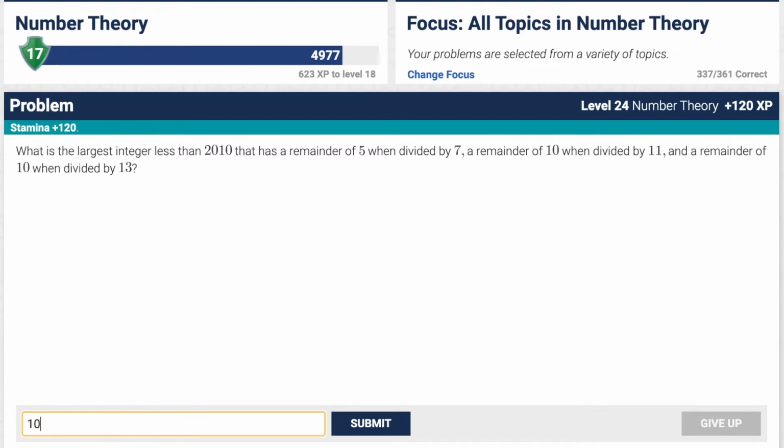So we start with 10, and we check if it has a remainder of 5 when divided by 7. That is not correct, we get 3. So then we just add 143, 153. Now this is a little bit harder to check, so how you check it is, 140 is just 7 times 20, so if you subtract that off, that'll give 13. And 13 is 6 mod 7, so that doesn't work.